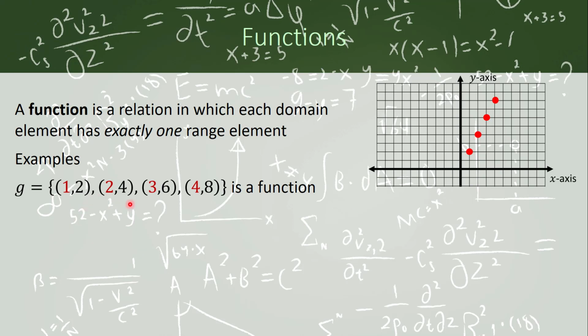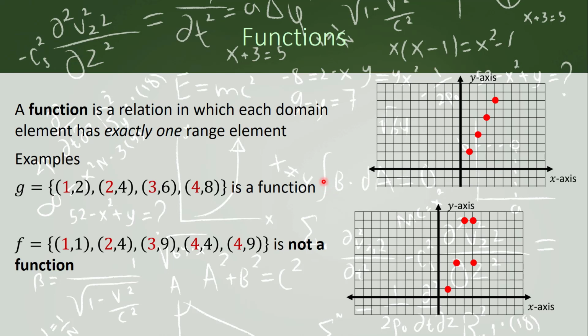Or there's not another ordered pair that has a 2 and then some other number, or a 3 and some other number. As a consequence, we say that this relation is a function, and also we say that this relation is well defined. Why is it well defined? Because for every single X value that is defined in this relationship, there is exactly one Y value. As a consequence, this is a function.